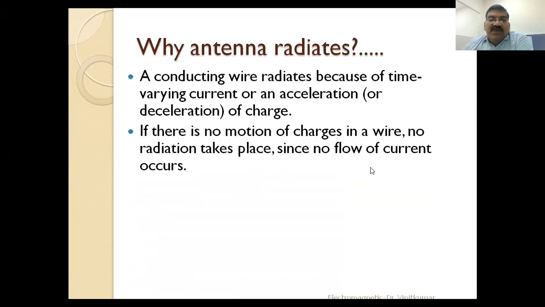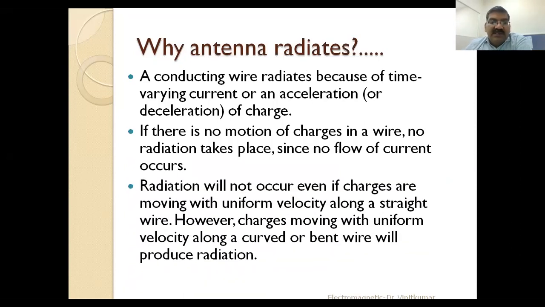Now we'll go further. If there is no motion of charges in the wire, no radiation takes place. Again and again I'm saying that if there is DC current, there is no radiation. This is the basic concept. Radiation will not occur even if the charges are moving with uniform velocity along a straight wire. However, charges moving with uniform velocity along a curved or bent wire will produce some radiation.